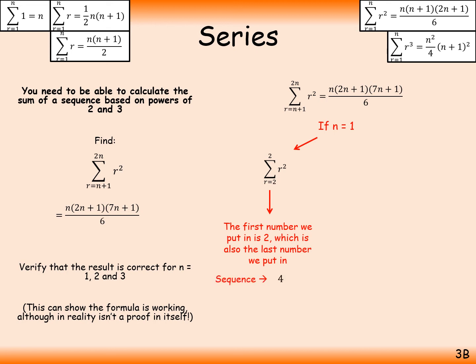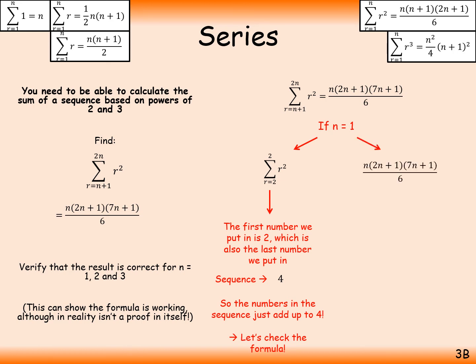So we should get just 4. So the numbers in the sequence just add up to 4. So let's check with the formula. So putting n equal to 1. If you substitute that in, you get 4, as we expected.